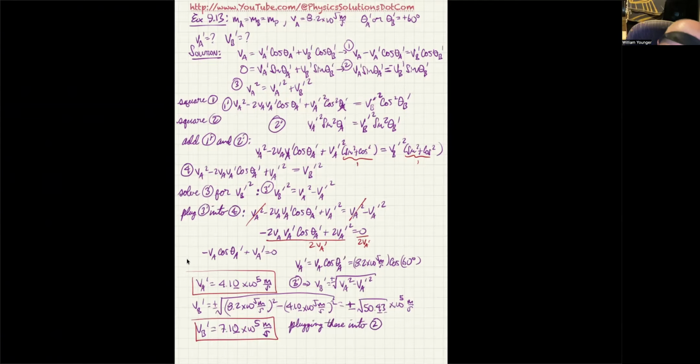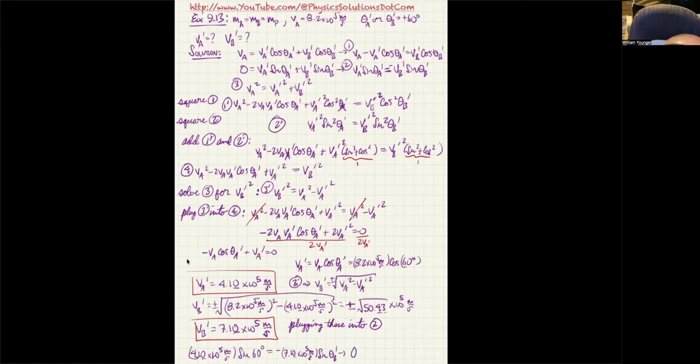So equation 2 is VA prime, which we found was 4.10 times 10 to the fifth meters per second, times the sine of theta A prime, which is sine of 60 degrees, equal to the negative of VB prime, which is 7.10 times 10 to the fifth meters per second, times the sine of theta B prime. Oops, I wrote cosine anyway.